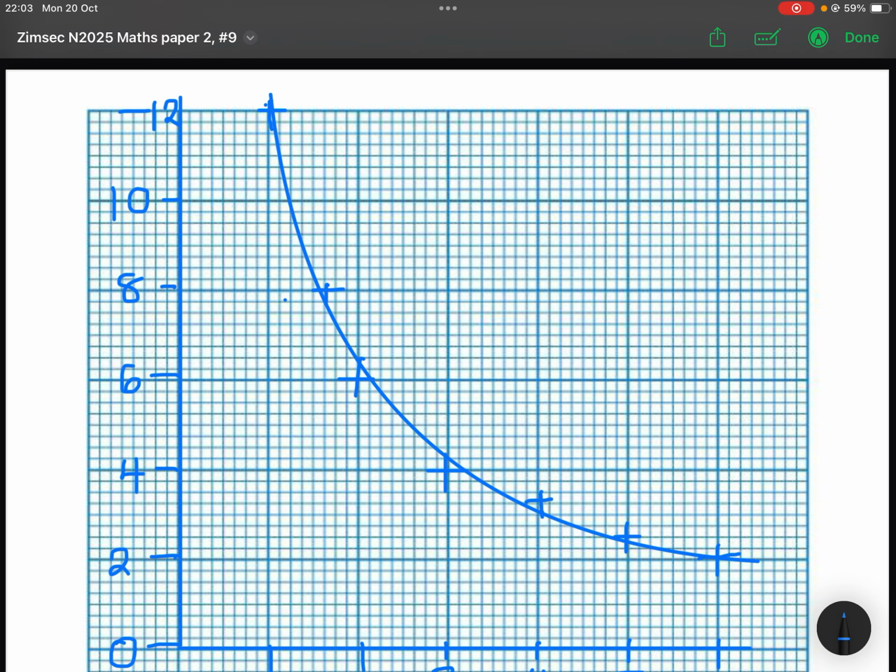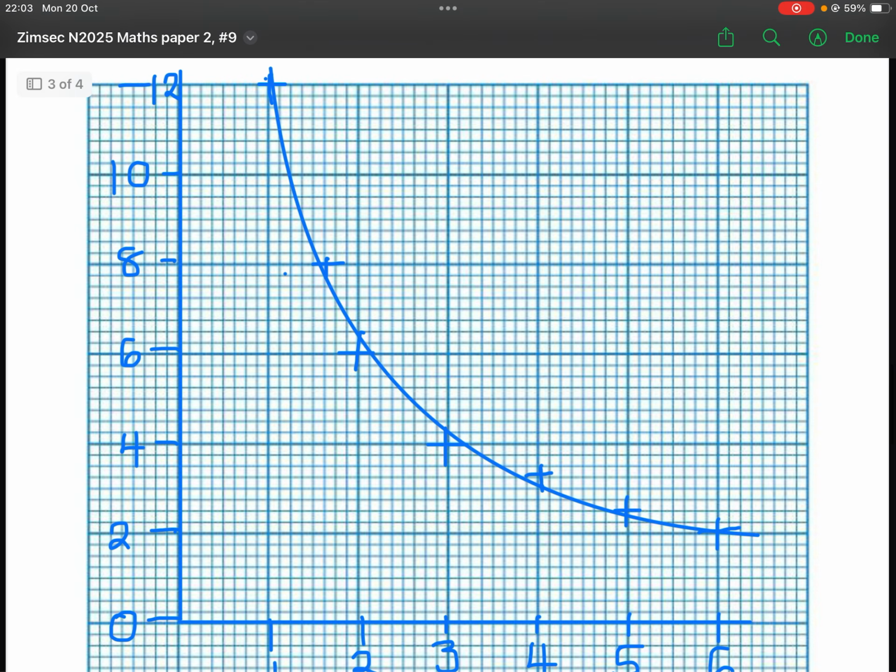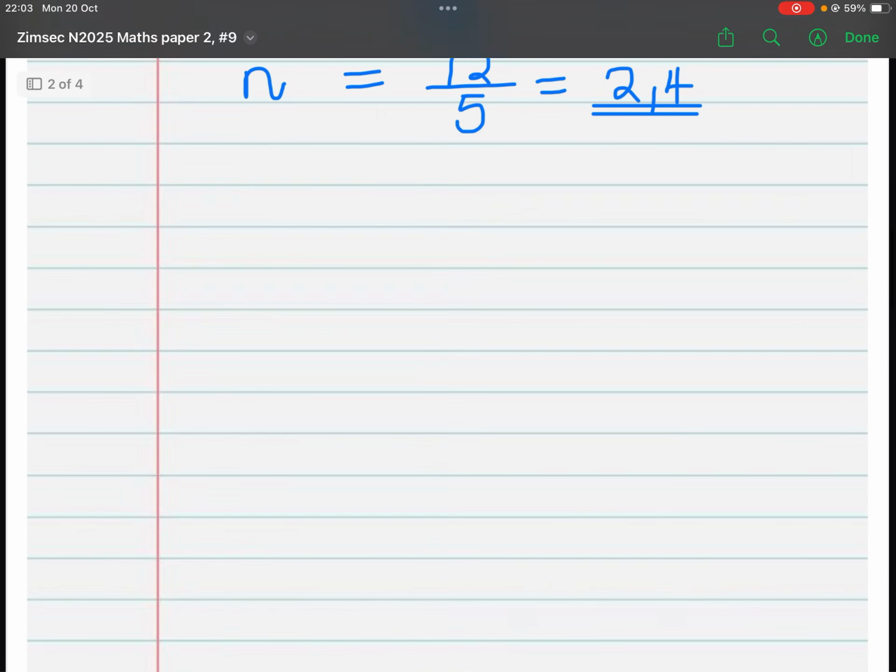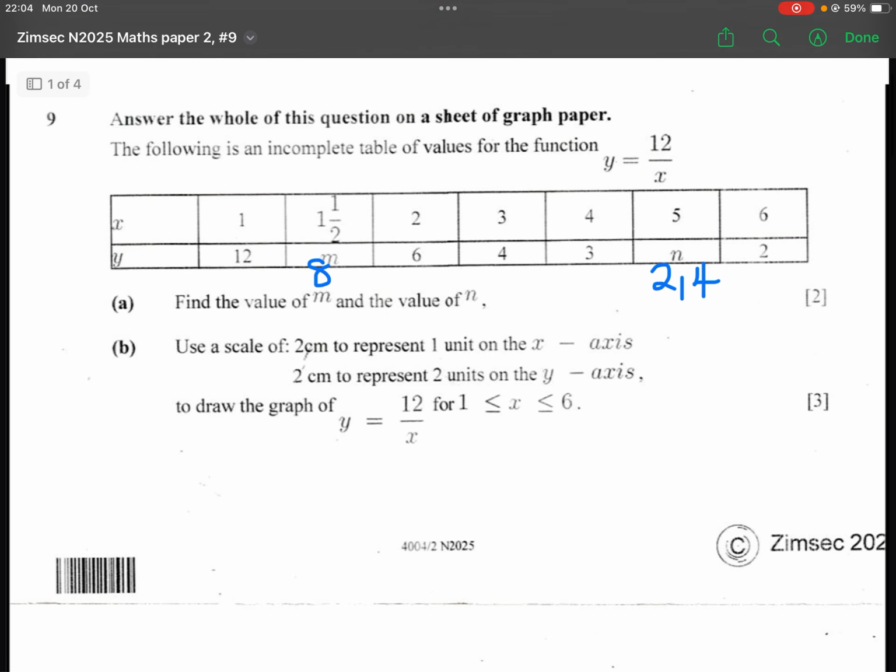So this is going to be our curve. And then after that, we need to label our curve. It is known as y is equal to 12 over x. So this is how we get the 3 marks on the second part of the question. Let us proceed to the next.